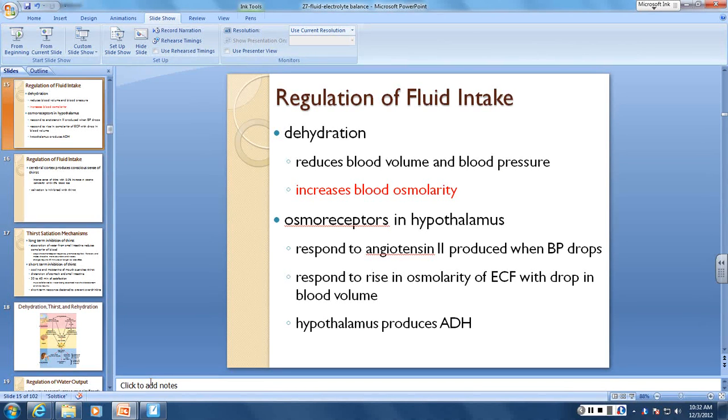So when your heart rate increases, your blood pressure increases. Now, if your blood pressure decreases dramatically, one of the homeostatic mechanisms in place is for the heart to beat faster. Okay, that's in response to low blood pressure.